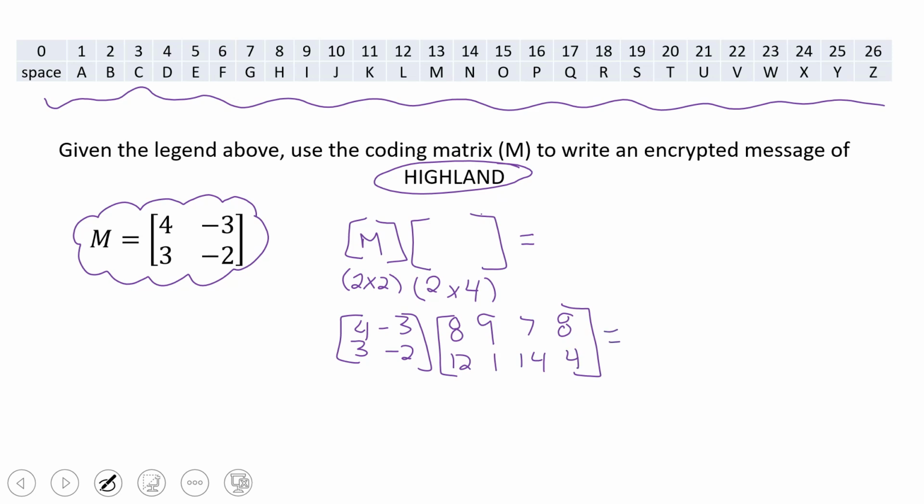And then I'm going to use my graphing calculator. You can absolutely multiply these out by hand if you wish, but you can also use a graphing calculator, which I think is a little faster, but you do it however you want to. When you multiply those two matrices together, you get the following encryption.